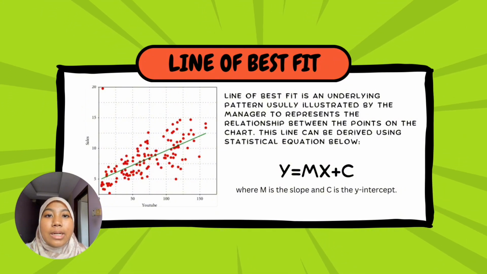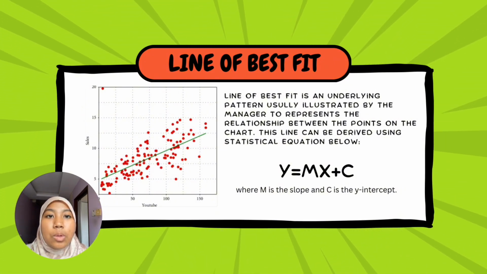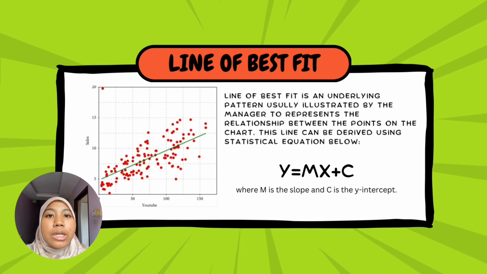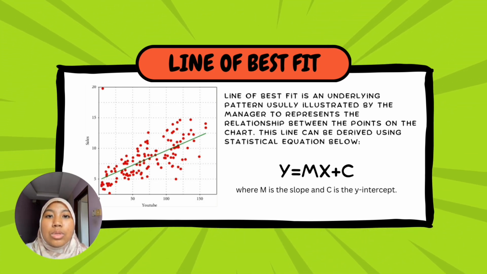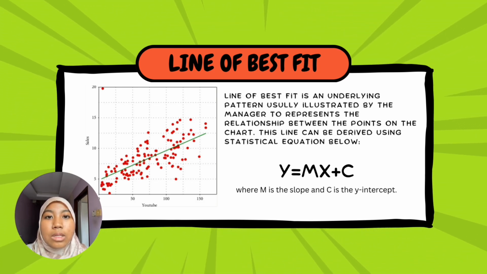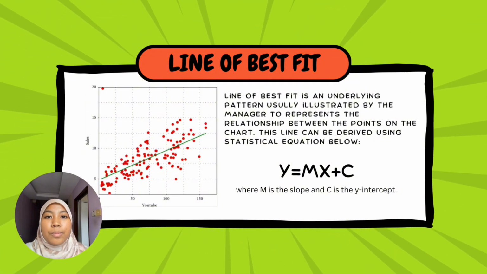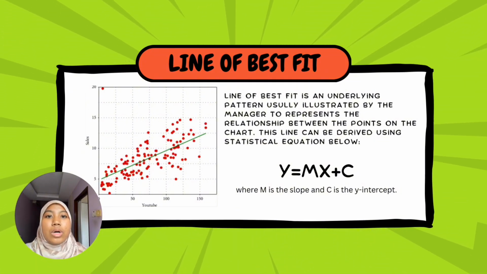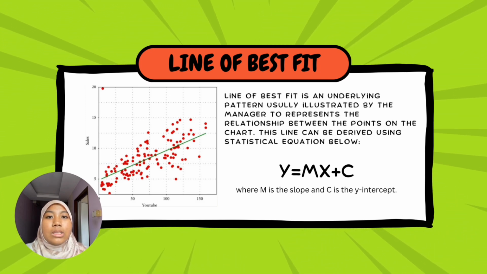This line can be derived by the statistical equation below. According to the chart, we can see that the points are really spread around, so the manager used the line of best fit to plan what they will do next, and to forecast the financials of YouTube.